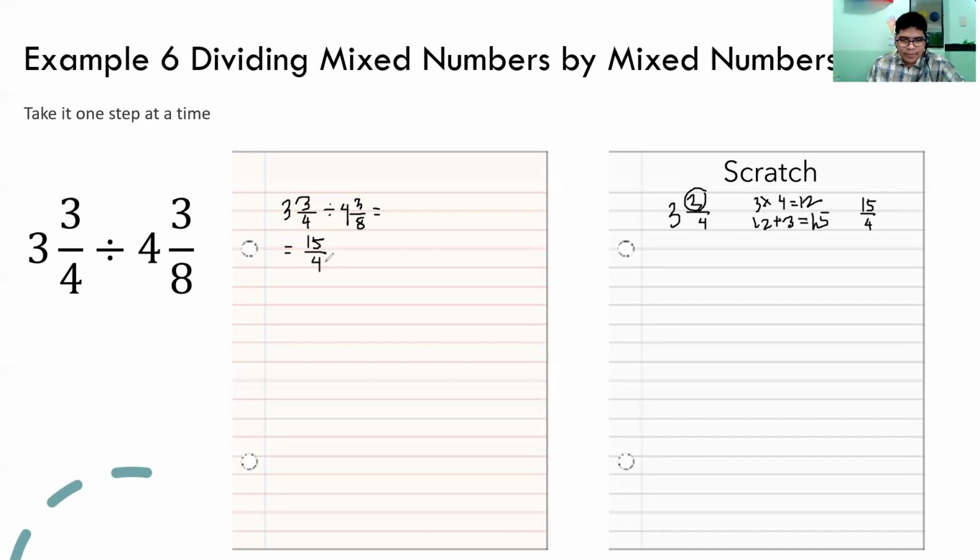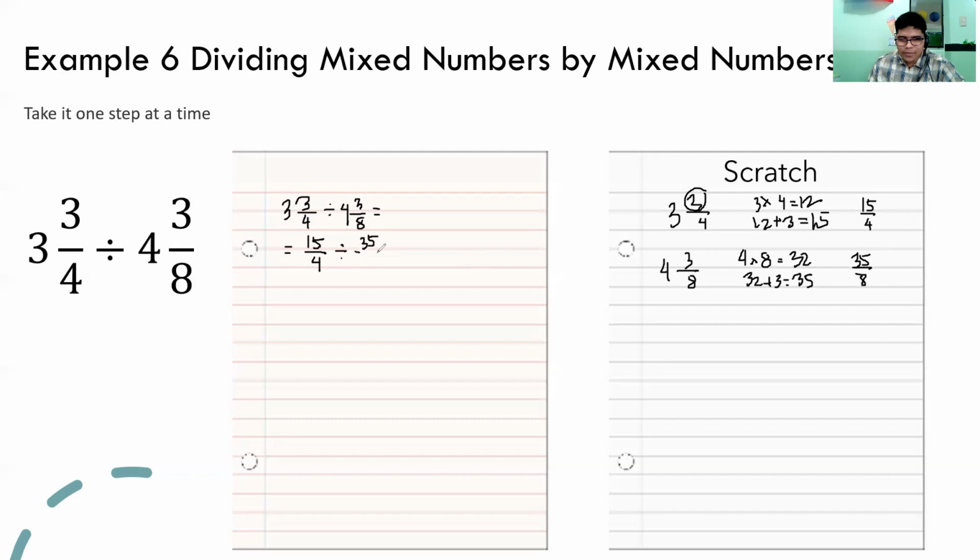Then we're going to divide that by 4 and 3/8, which we can also make into an improper fraction. We multiply 4 times 8, you get 32, and if you add 3, you'll get 35. That's the new numerator. 35 over 8.